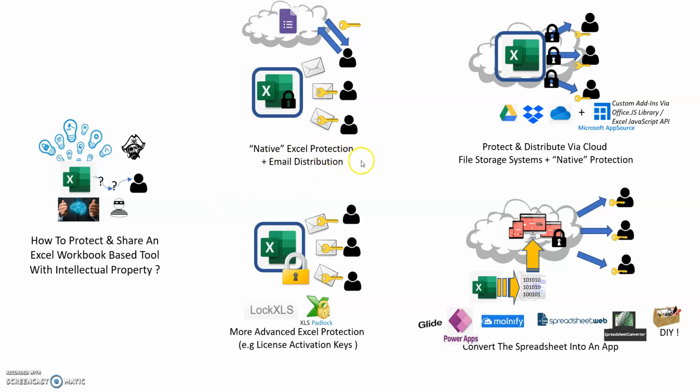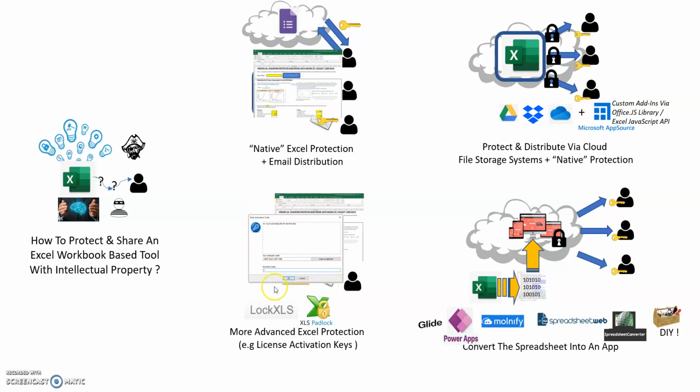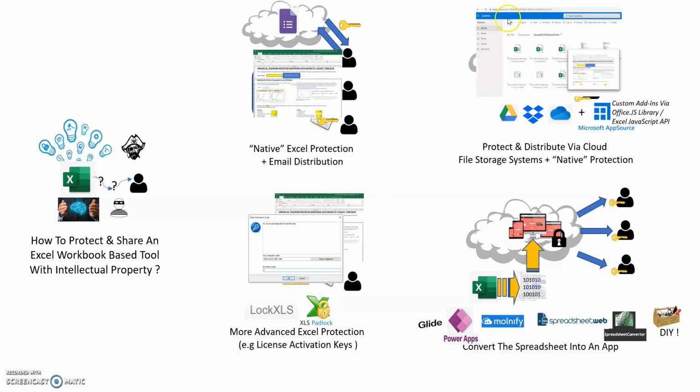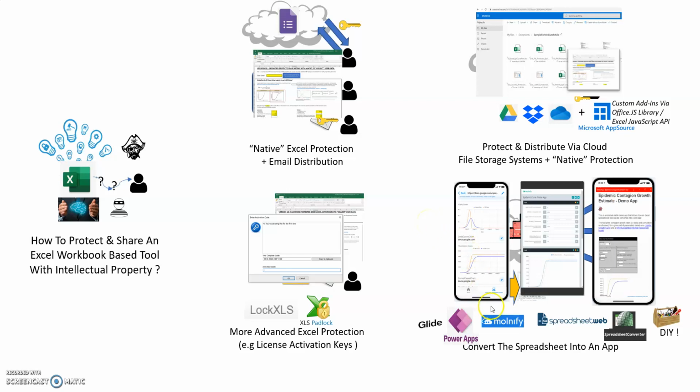And through the series of videos that I've created, we've seen how you can use various methods ranging from things like the native Excel protection, maybe with macros, to using specialist tools that can set it up so you need activation keys, to file sharing websites, and finally even converting your spreadsheet tool into code and then putting it as a web app. So lots of different options. I guess the question is how do you decide which one is best for you?